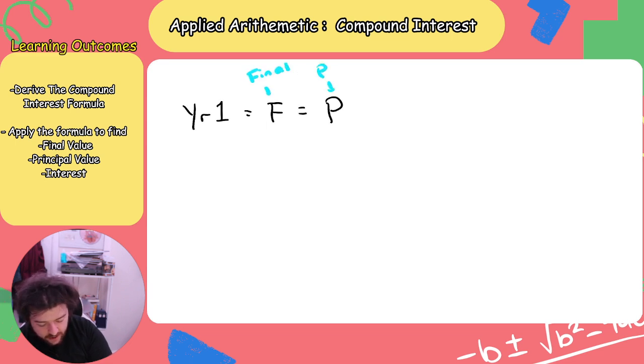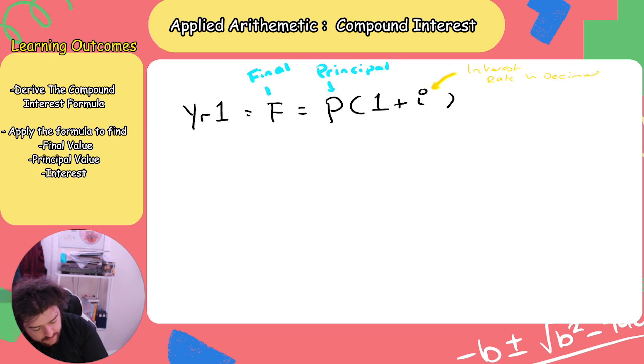This is my principal value. Now, I want to multiply this by 1 plus I, where I is my interest rate in decimal.